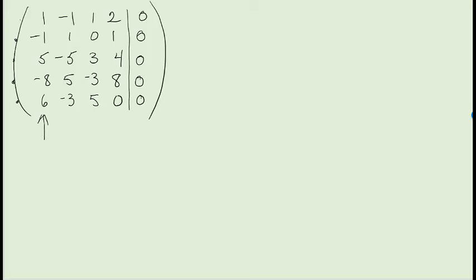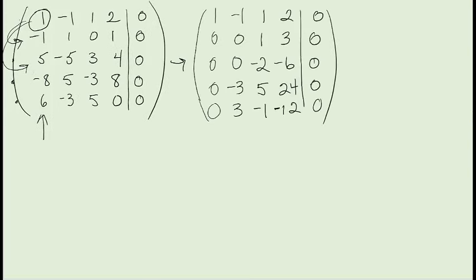The first thing I need is a 1 in the upper left-hand corner, and I see that I have it. So I'm going to add it to the second row, turning the negative 1 to a 0. I'll multiply it by negative 5 and add it to this third row. So doing those row operations, I get zeros in the first column, except for that top row that we used and left the same.